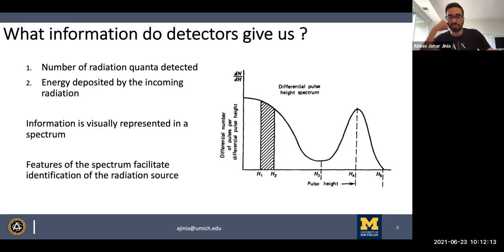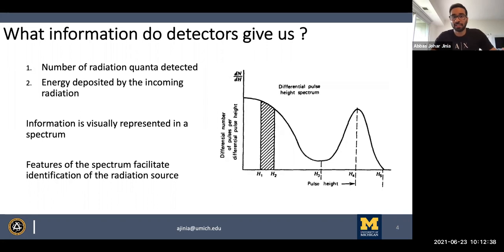Now, some kinds of detectors also give us energy information. So when we get an electrical signal, from that electrical signal, we can back calculate the energy that was deposited by the incoming radiation. In this case, it will be gamma rays, and that is very important.